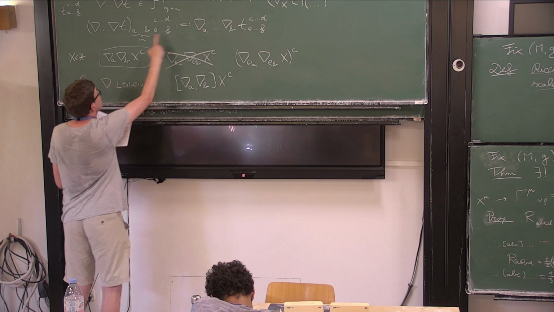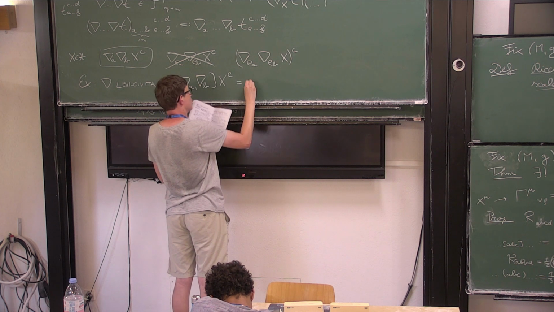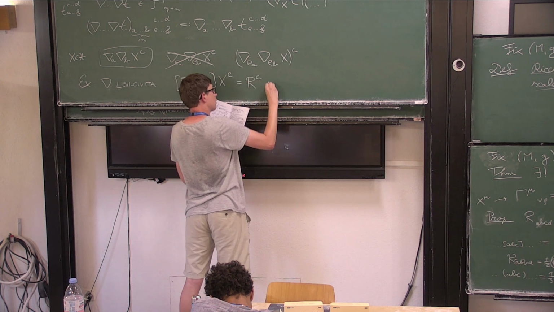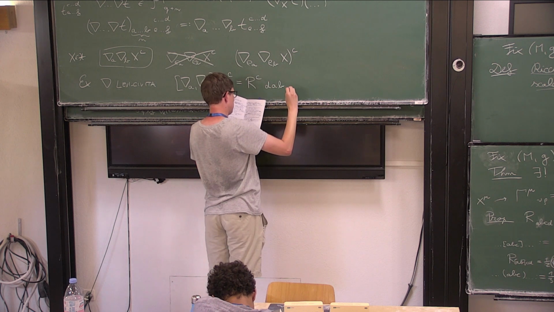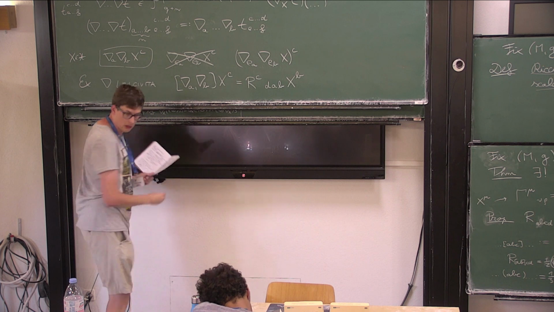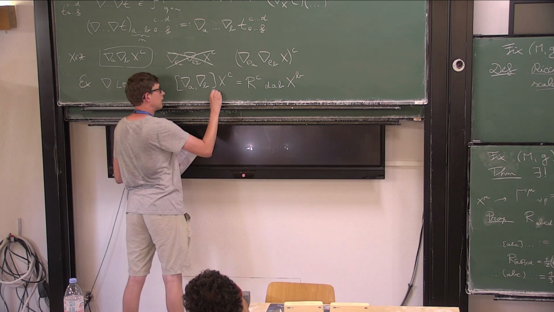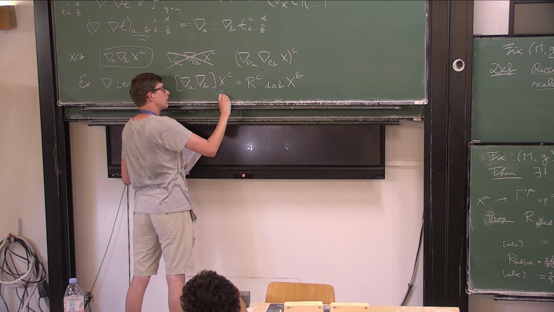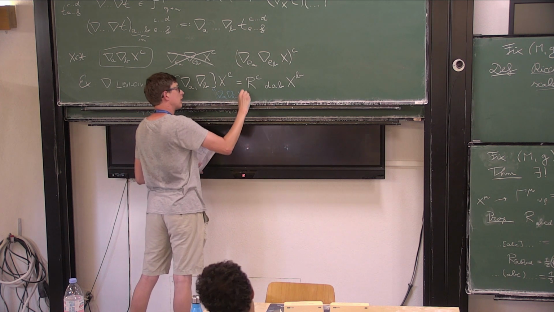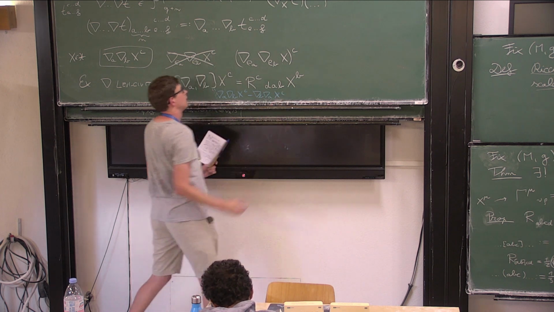This follows this logic. And maybe just to clarify, this expression on the left-hand side is just shorthand for saying that I take nabla A, nabla B, X^c, minus nabla B, nabla A, X^c.